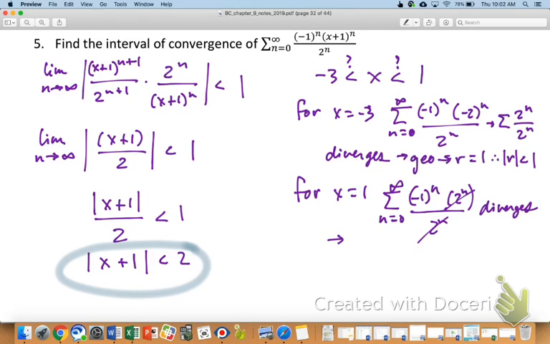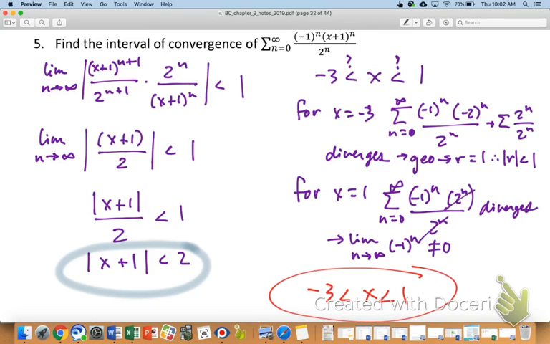It diverges because something like that. So in the end, with this one, your final answer in red would just be the open interval on both endpoints.